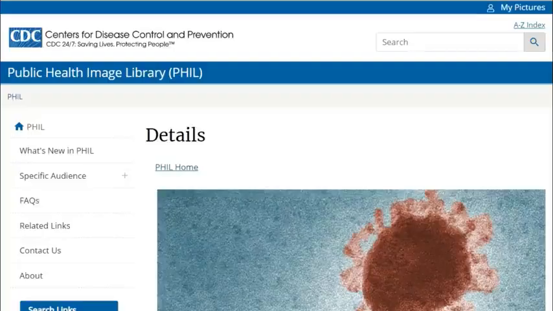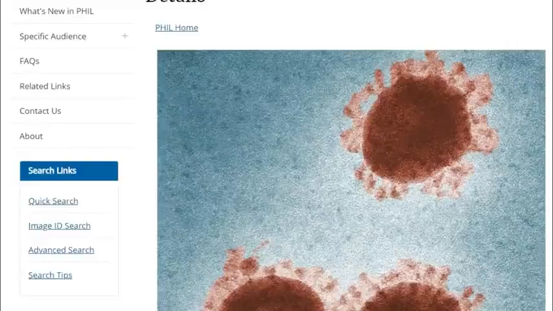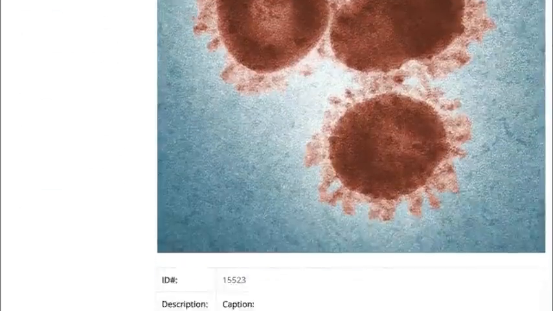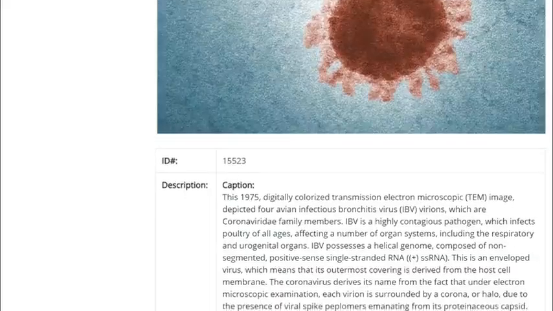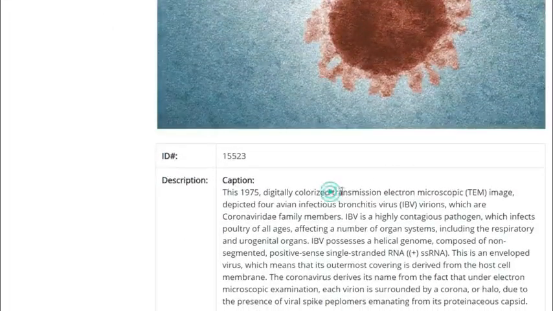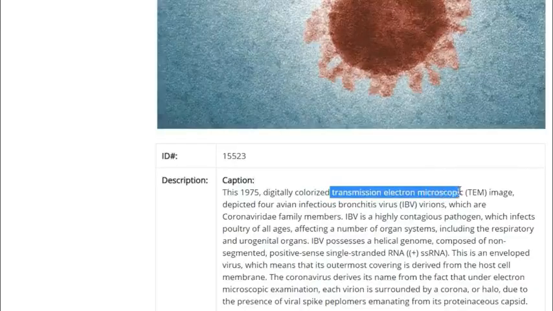I'm here on the website from the CDC, and here we have an image taken with an electron microscope from some bronchitis virus, digitally colorized, and this was taken in 1975 with a transmission electron microscope.